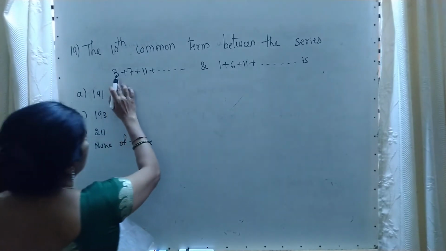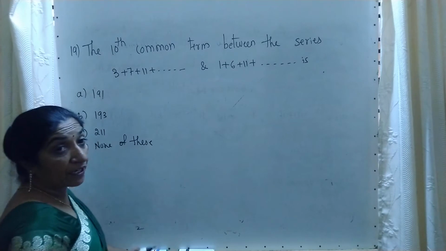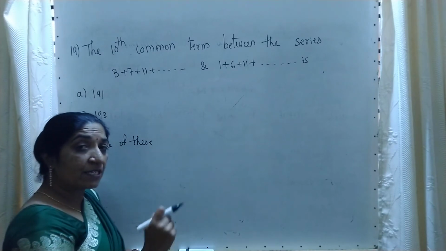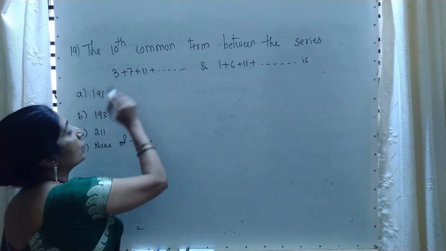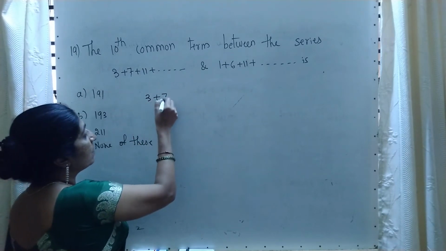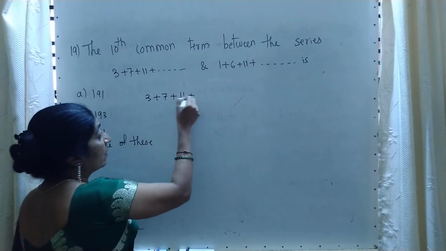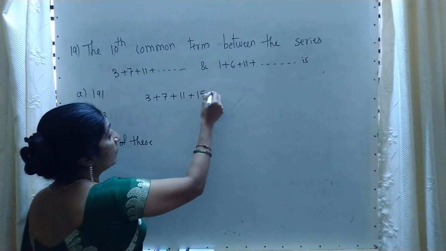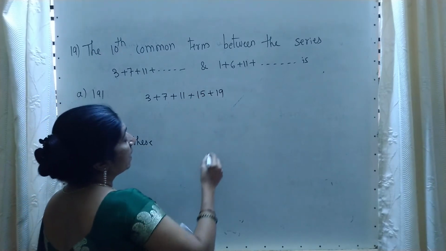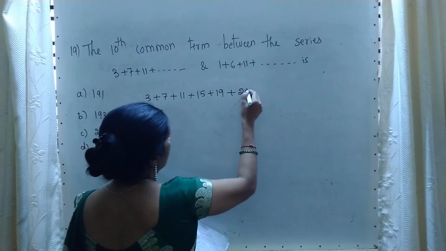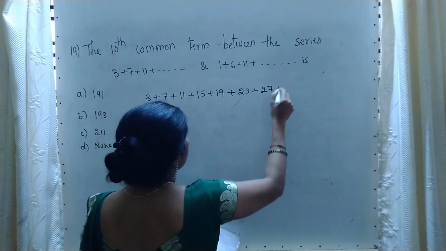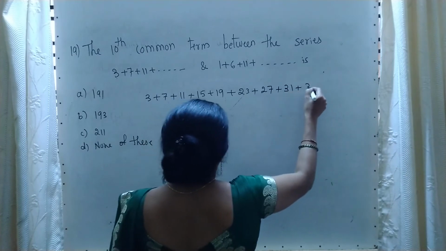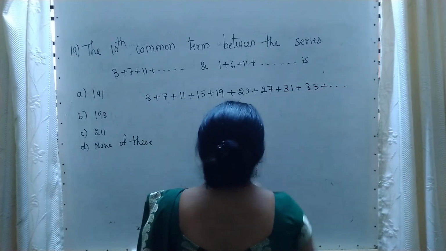Here, see 3, 7, 11, they are in AP. Can you write at least the next 4 or 5 terms? 3 plus 4 is 7, 7 plus 4 is 11, 11 plus 4 is 15, 15 plus 4 is 19, 19 plus 4 is 23, 23 plus 4 is 27, next 31, next 35, it goes on continuing.